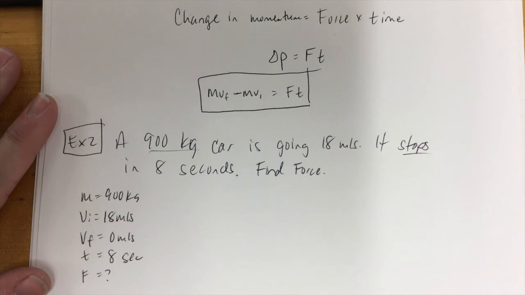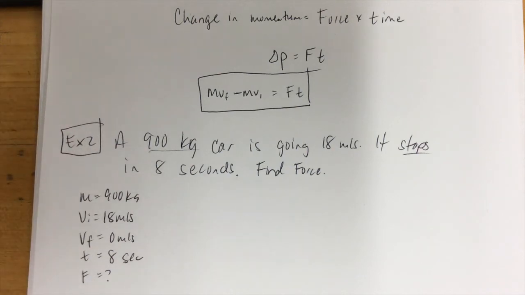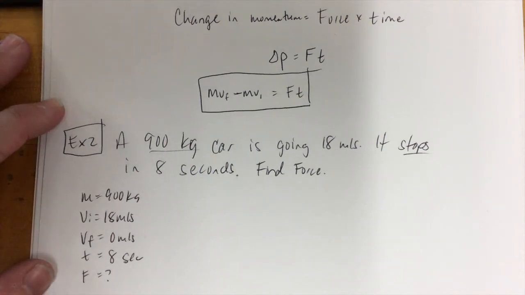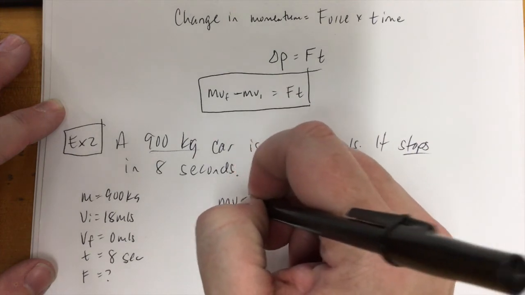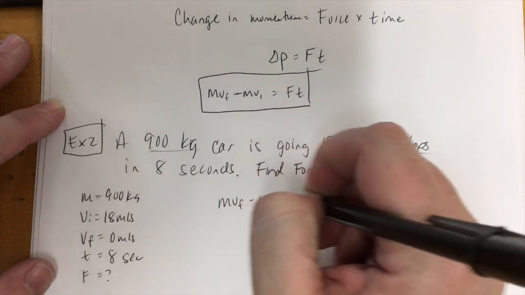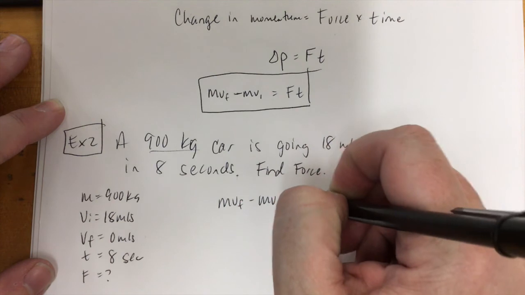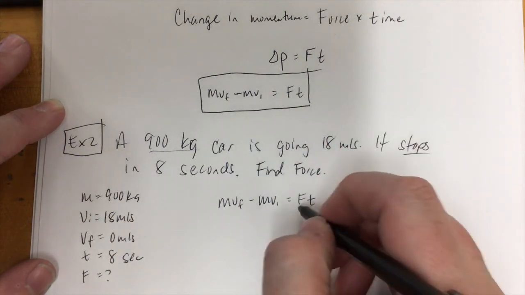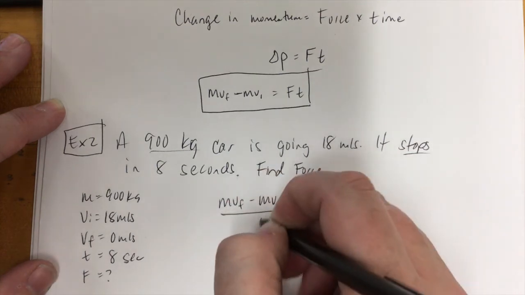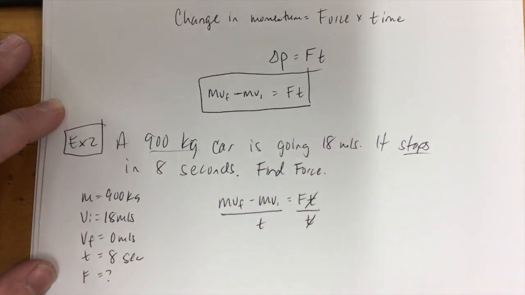So we want to know how much force it takes to stop that car in 8 seconds if it was going at 18 meters per second and it was 900 kilograms. So we'll say mvf minus mvi equals force times time, and we're going to solve for the force, so we need to bring the time over. We'll divide by time, like that.